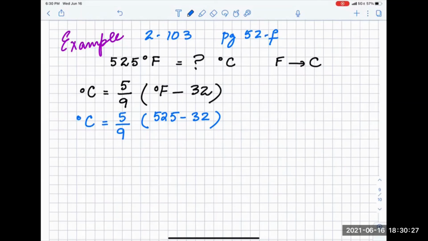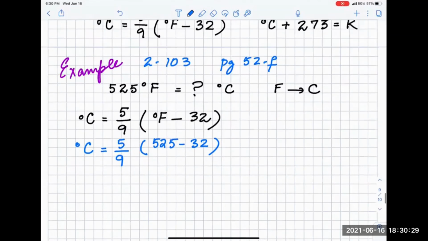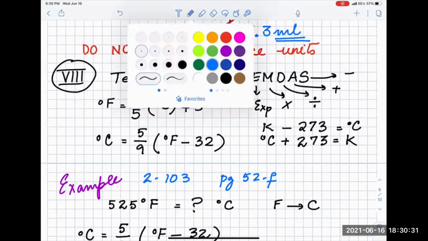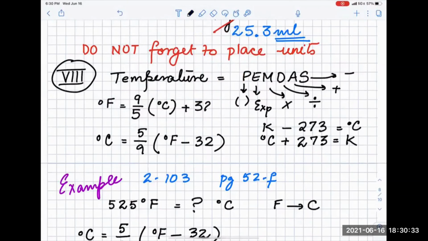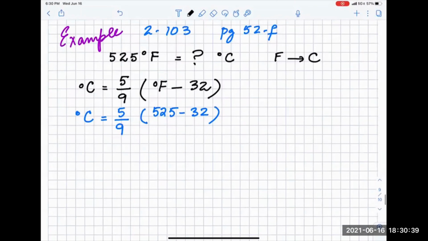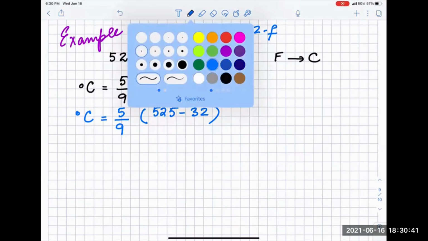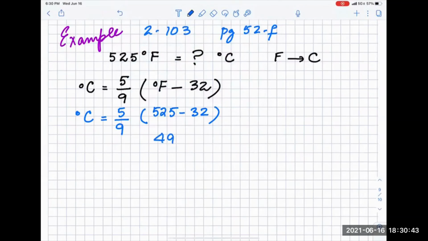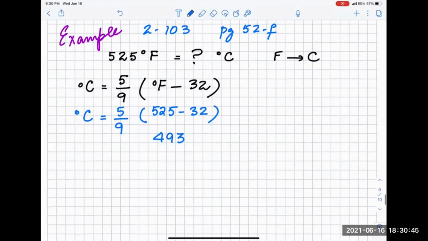Did I make a mistake? Oh, this one is 32, guys, not 33. Thank you. So the parenthesis is 493. Multiply by 5, divided by 9. That's another way of doing it. Then that gives you the degrees Celsius. Okay?